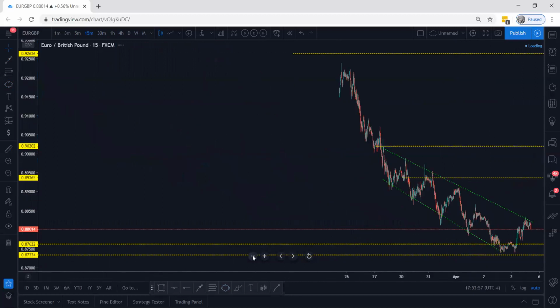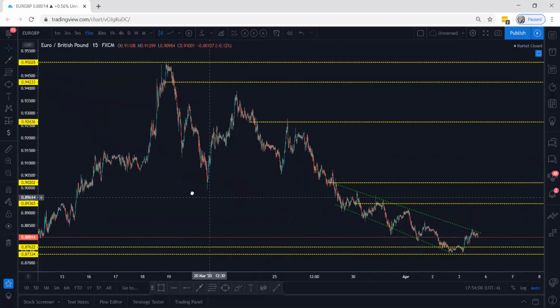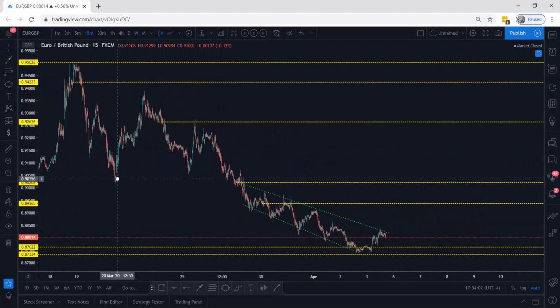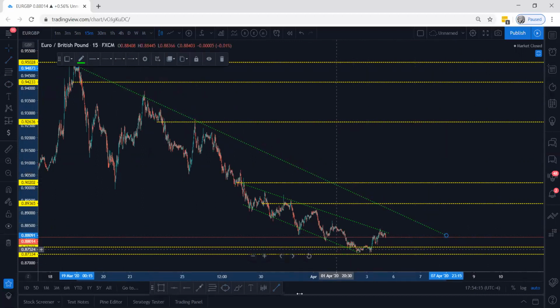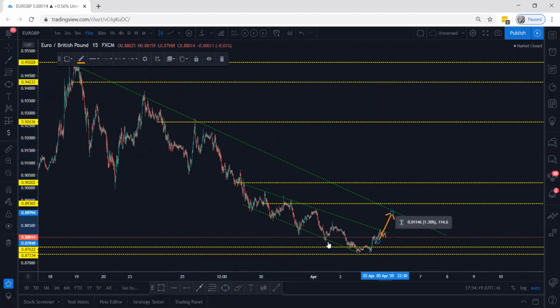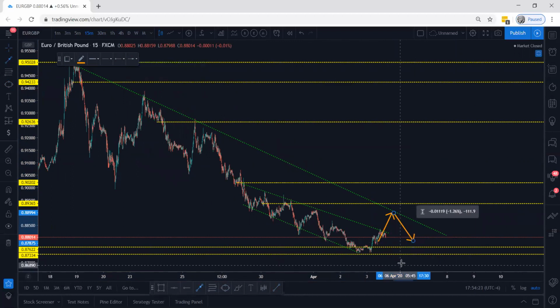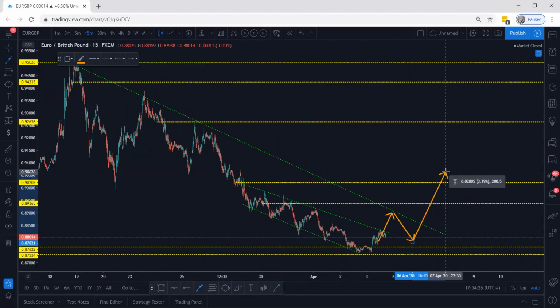So knowing these flag patterns, knowing these reversal patterns, knowing where you are overall in the market, because it's in a correction, this flag itself is in a downtrend. So you could watch for price to come here. It could reject and pull back, give you a correction back to here, and then make its actual impulse out.